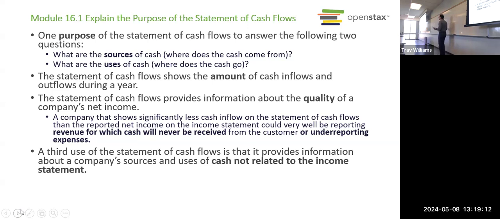But since most companies use the accrual basis, they need both. They need the income statement to know how profitable they were. They need the statement of cash flows to figure out how much cash they have. Okay. So I think I covered everything on this slide.